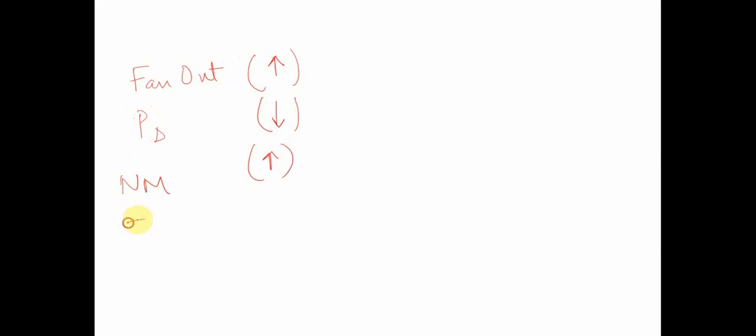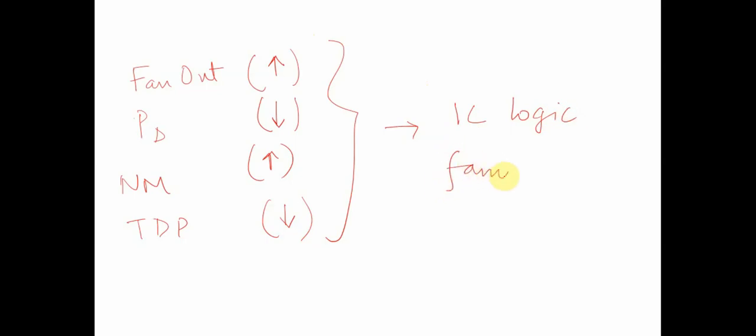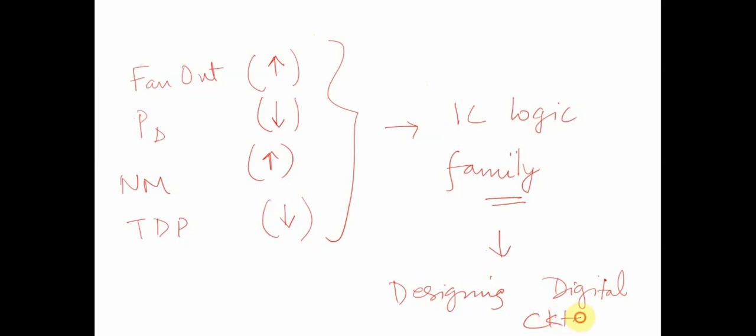Then we have total dissipated power, lower the better. These are the characteristics based upon which we will choose which IC logic family should be used for designing our digital circuits. I hope this is clear by now.